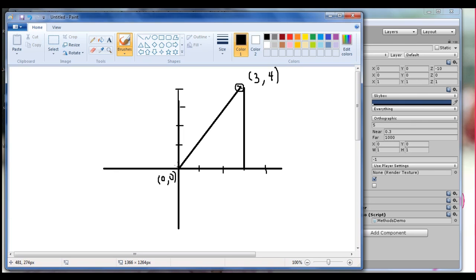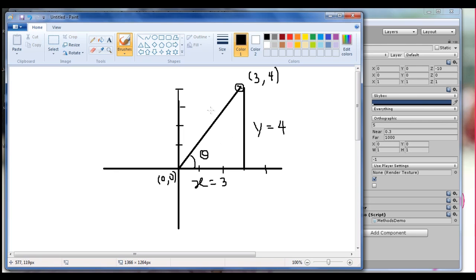Now we know from the origin the values of x and y. This is x, so here x is equal to 3, and this is y, and y is equal to 4. Now let us say somebody asks you to find out what is this distance, the actual distance. How do you find that out? And somebody asks at what angle this object is present. How do you write code for that?